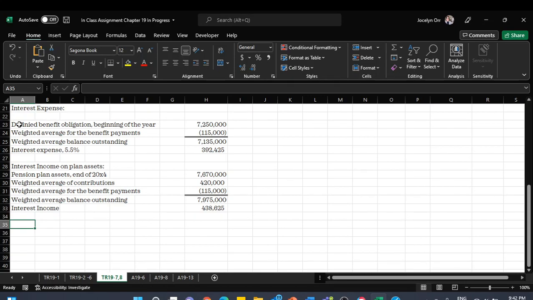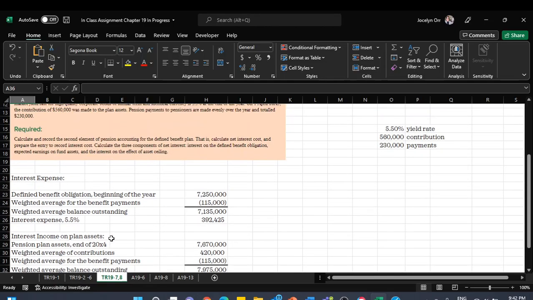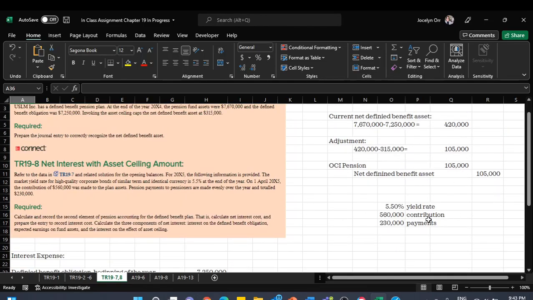So now we've looked at our interest expense as it relates to the obligation. We've looked at our interest income as it relates to our plan assets. Now we look at the interest income on effect of the asset ceiling. So for the effect of the asset ceiling, we want to take that balance at the beginning of the year, which is what we calculated up above, that 105.